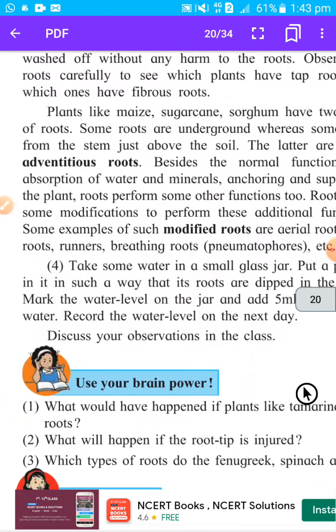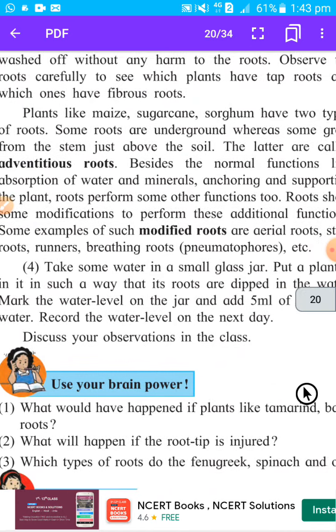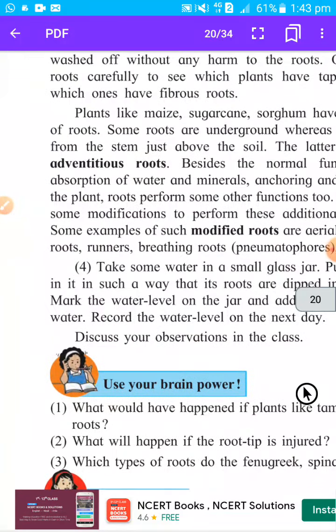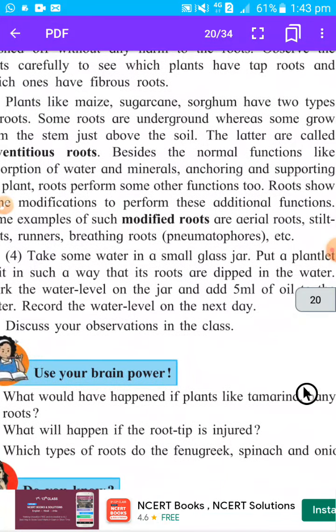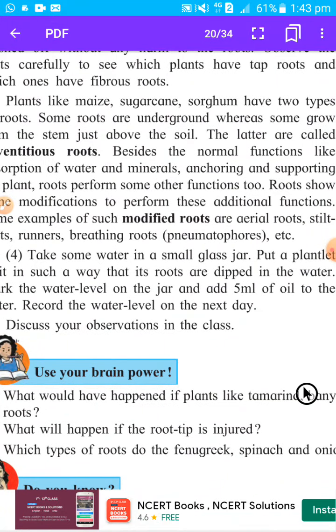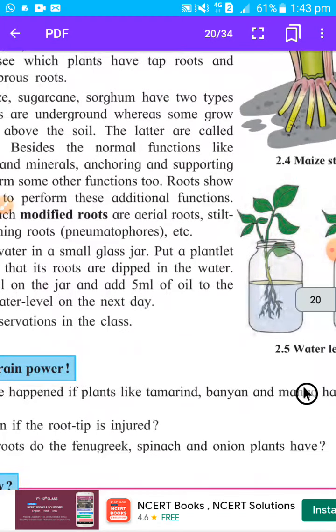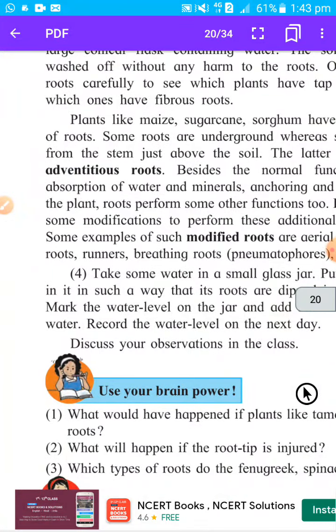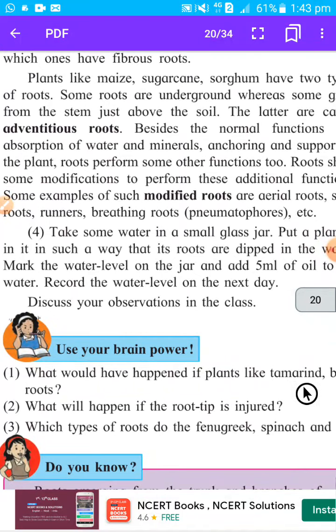So there are some modifications, meaning some changes, so they can carry out other functions also. Some examples of such modified roots are aerial roots, stilt roots, runners, and breathing roots or pneumatophores. For example, aerial roots are helpful for breathing. Stilt roots are for support.